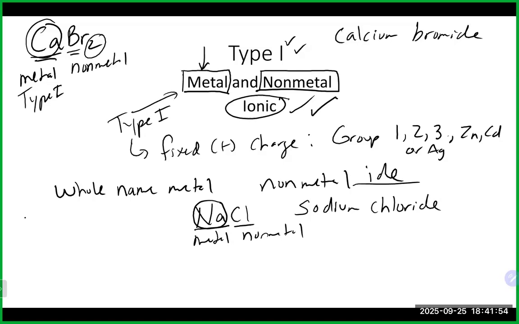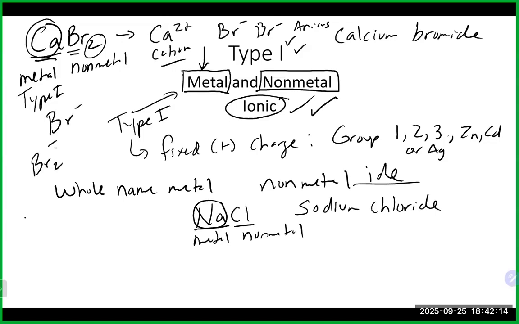This guy does not have a charge, but it's basically made up of a calcium ion, which is the cation, and not one but two of these bromides, which are anions. By the way, if you were asked to write the formula for the anion, that is the correct formula. This is an X, so there is no Br2 minus. So you want to be really careful.